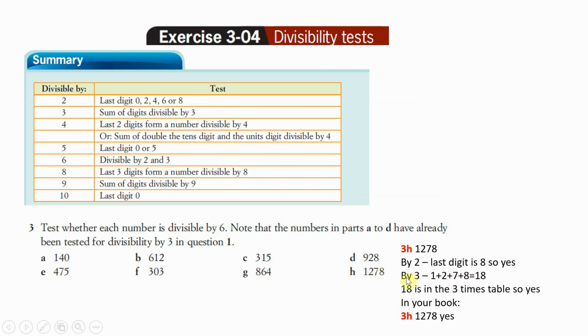I'll do that last bit again. Because the digits add up to 18, you can divide that by 3. So that number is also divisible by 3. In your book you'll put 3H, the question number, the number itself, 1278, and yes, because it passes both tests for divisible by 6.